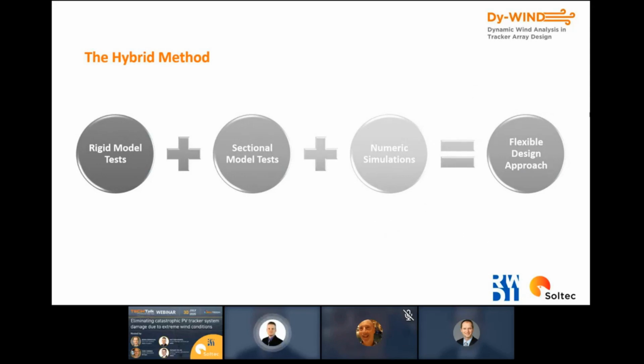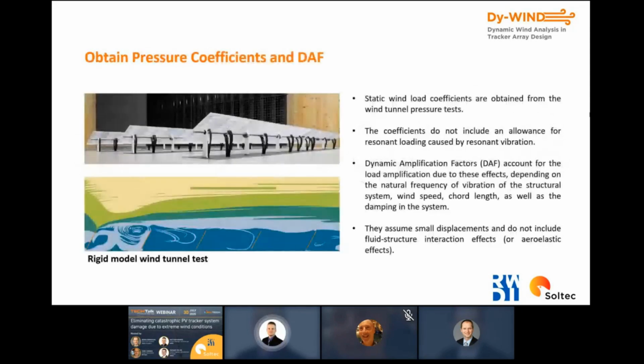And the first component, on the next slide, is rigid pressure models. And there are two main pieces of information that we obtain from this type of testing. First of all, we get static wind load coefficients. And the static wind load coefficients represent a rigid model that is assumed to be infinitely rigid. So it's not flexible at all, and it's so stiff that you can't have any dynamic effects.